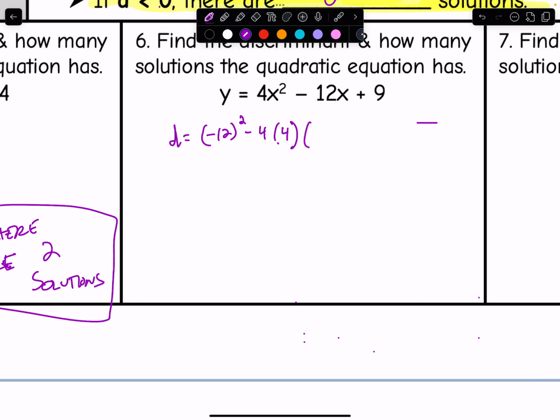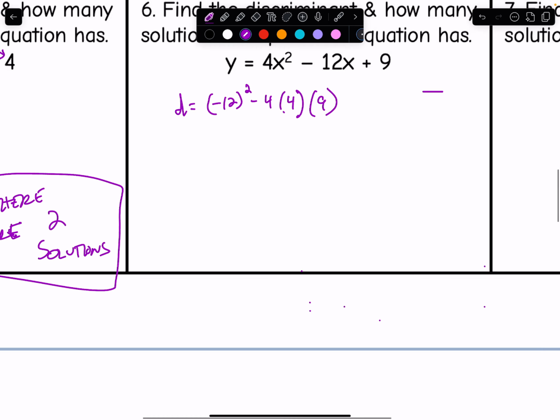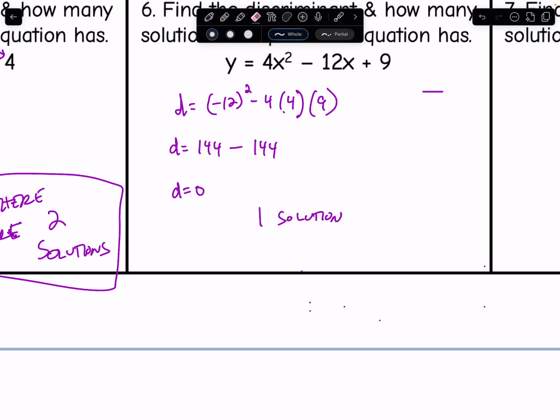Times a times c, which is 9. All right, so the discriminant is 144. And then minus, because you got a negative times a positive times a positive. Let's see, 9 times 4 is 36. 36 times 4, is that going to be bigger than 144? No, it's exactly 144. So our discriminant is 0. So we have one solution. Discriminant of 0 means one solution.